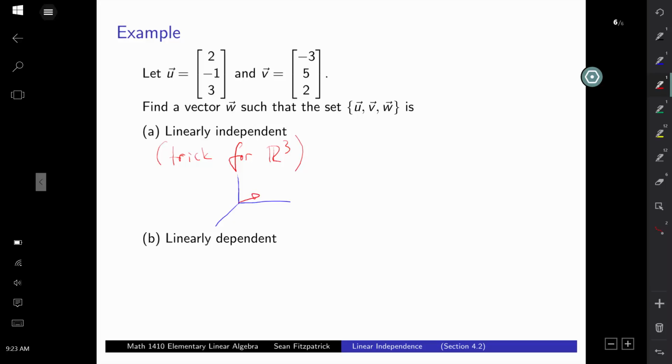So you've got your u, you've got your v, right?